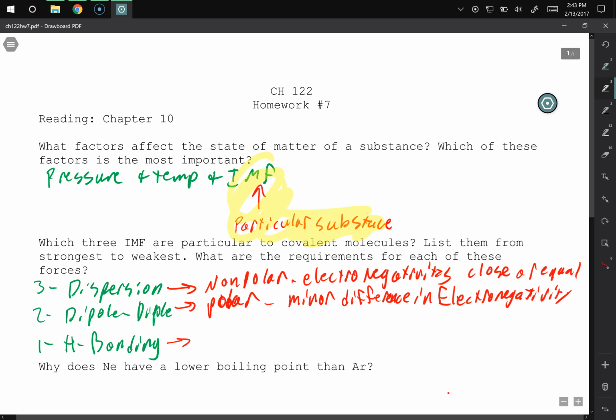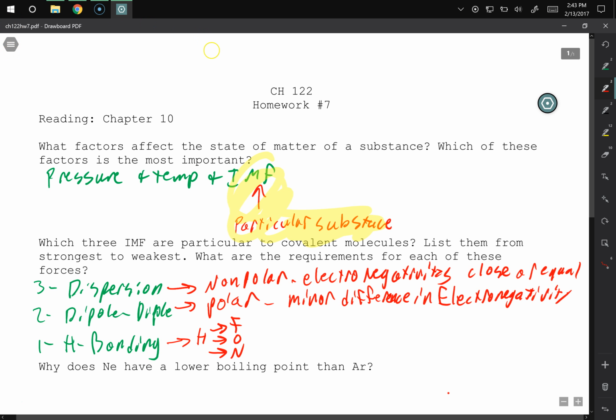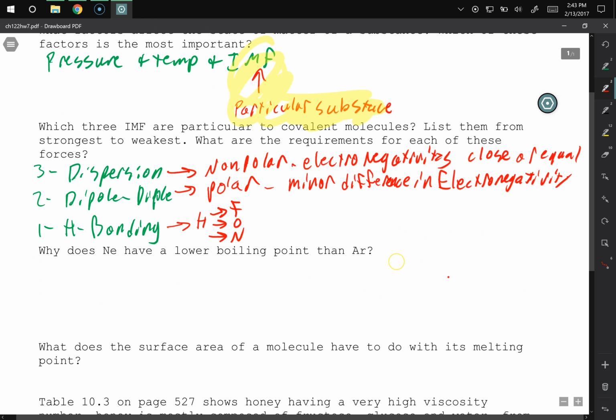And then the hydrogen bonding. It needs to have a large difference. A hydrogen bonded to either a fluorine, an oxygen, or a nitrogen. Those are your requirements. And so this is very polar.